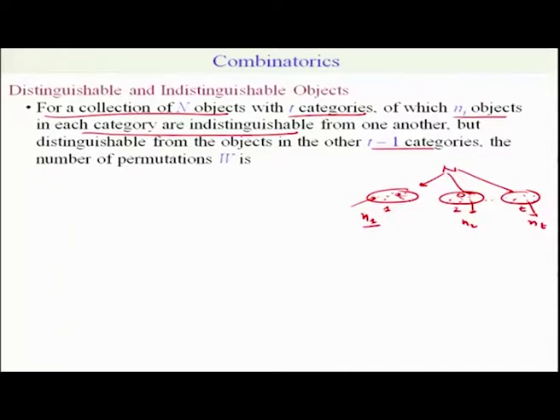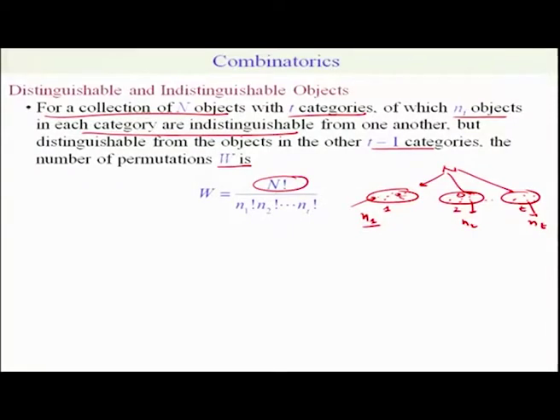So, in such a case, what is the permutation? That means, how many ways can you arrange such objects? If it were distinguishable, this would simply have been n factorial.